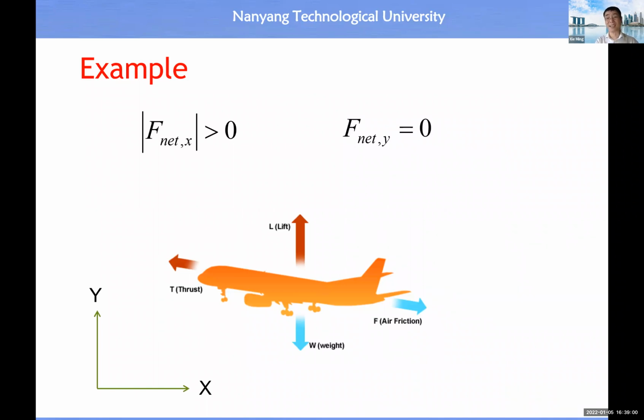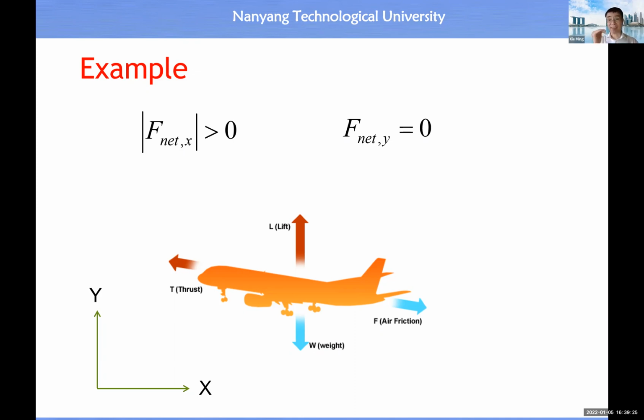And here is an example. For example, we do not want to change the state of the motion of this aircraft in the vertical direction, then we just make the net force in the vertical direction to be zero. Maintain the state of the motion in the y direction. However, we may want to change the state of the motion in the horizontal direction.